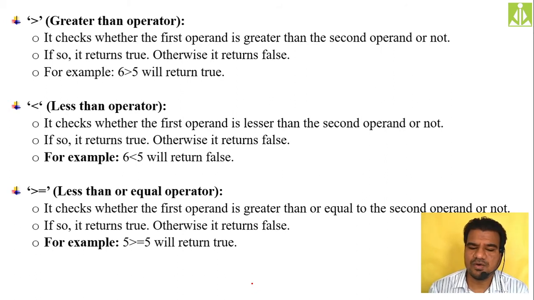Otherwise, it will return false. Very simple terminology here. Nothing logical over here to explain. Simply what it is doing, it is doing the comparison between two operands, whatever we are supplying. If the first operand is greater, it will return true. If the first operand is not greater, it will return false.